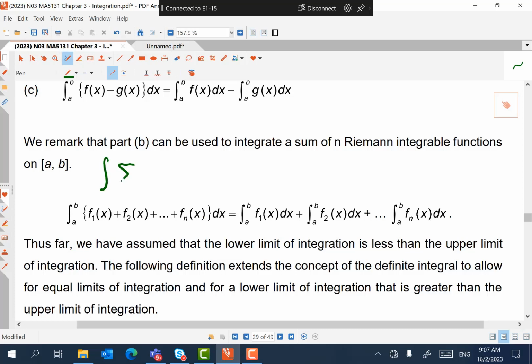No, this one is true, but we are saying that this statement is true if you only have a finite number of functions.